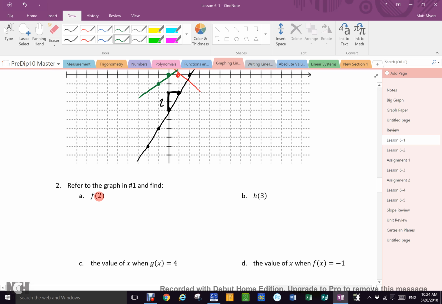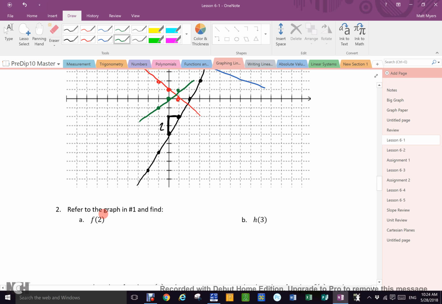F of 2, is that an x or a y value? That's an x value. So when I go to f of 2, what's the y value that goes with that? 0. Everybody cool? On the graph, I go to x equals 2 and find the y value.